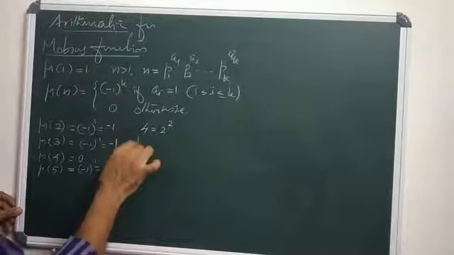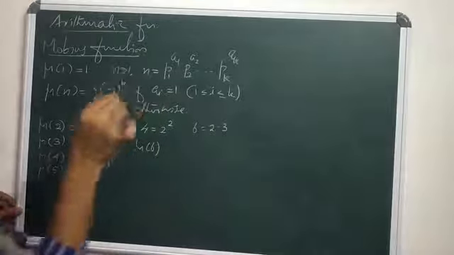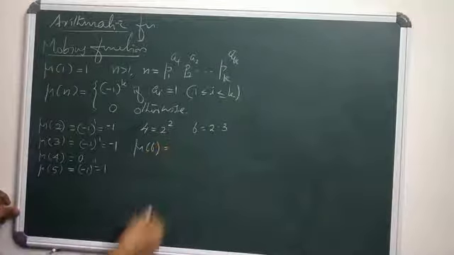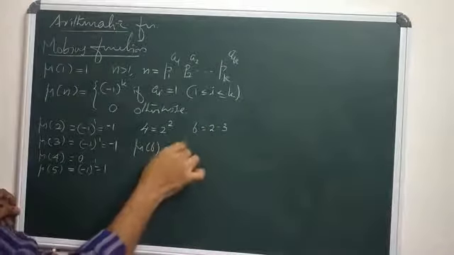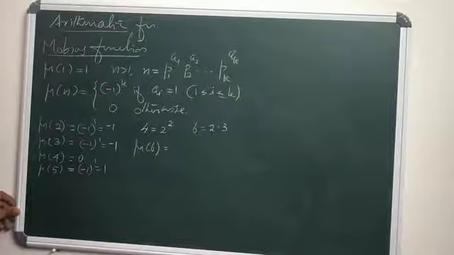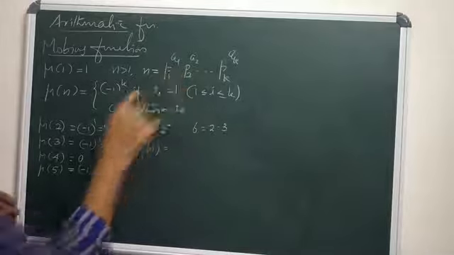What is mu of 6? 6 is the product of 2 distinct primes, 2 into 3, so n equals p1 into p2.